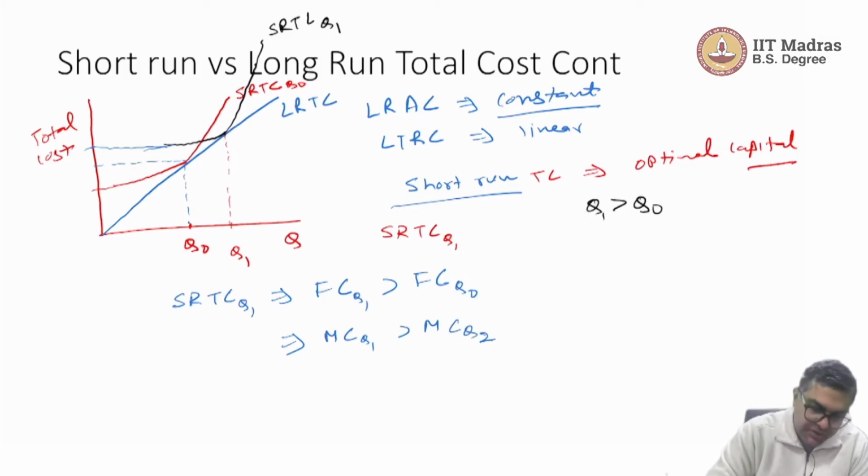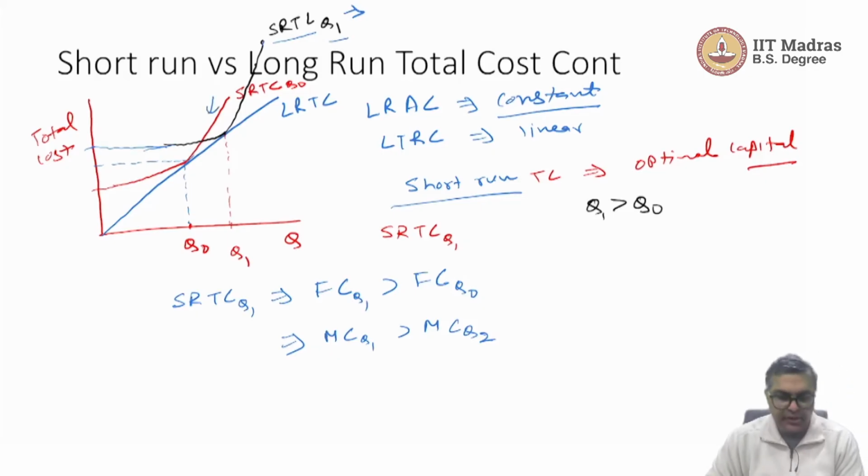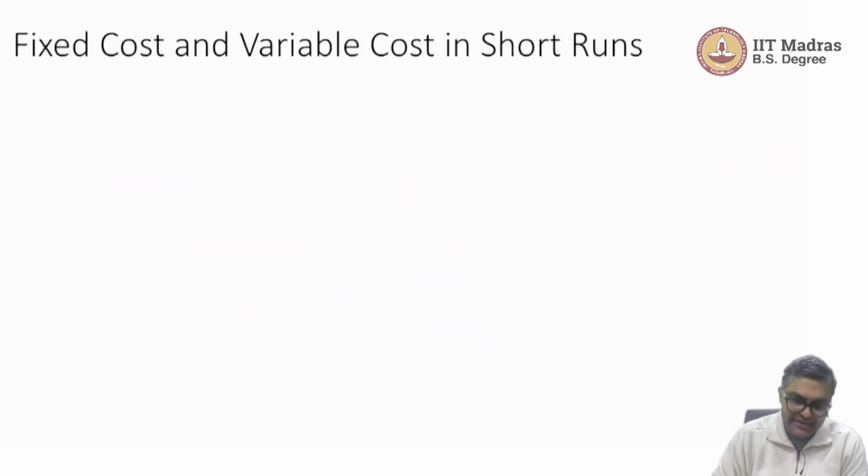Why? Because we see that the short run total cost at Q1 is climbing at a higher rate than the short run total cost curve at Q naught. So, we try to understand these two things in the next slide.